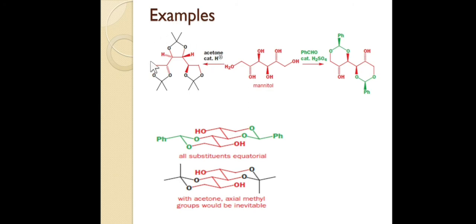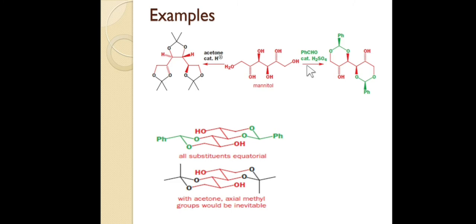So it is only choosing 1,2 diols for the protection if we use acetone, that is formation of dimethyl acetal. But if we use benzaldehyde and catalytic amount of H2SO4, that means the conditions are helpful for the formation of benzaldehyde acetal.